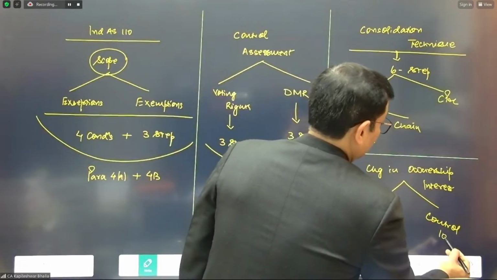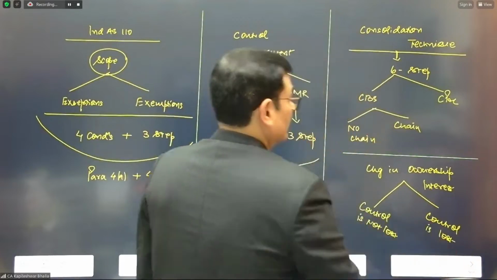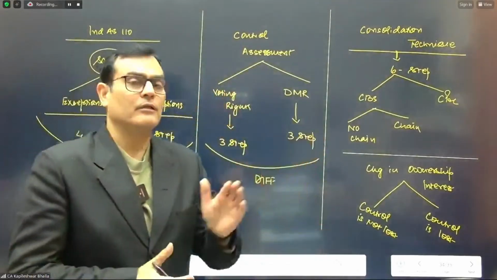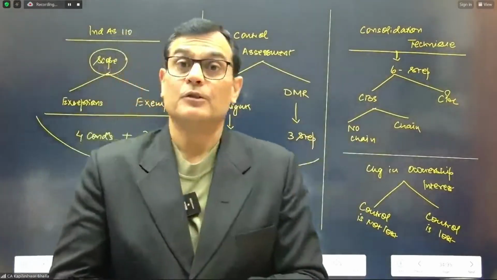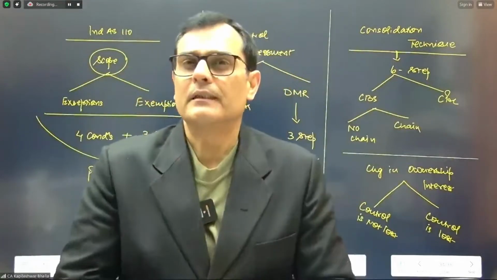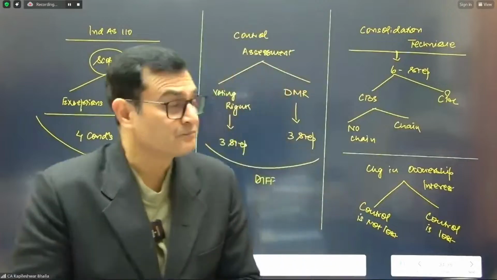And we have seen that if the control is not lost, then it is simply bank to NCI, NCI to bank, and the gain or loss enters equity, and there you do a reversal entry of 103. And we've seen in detail the concept of that accumulated OCI.